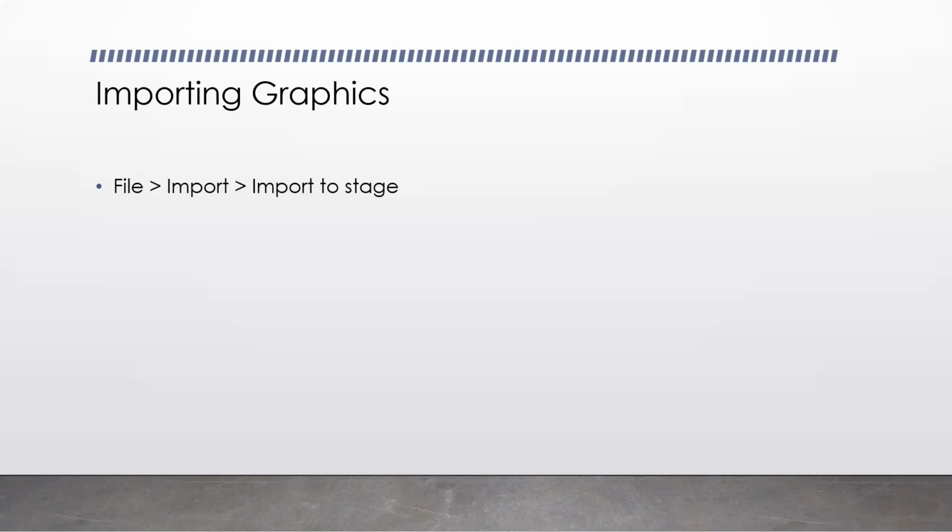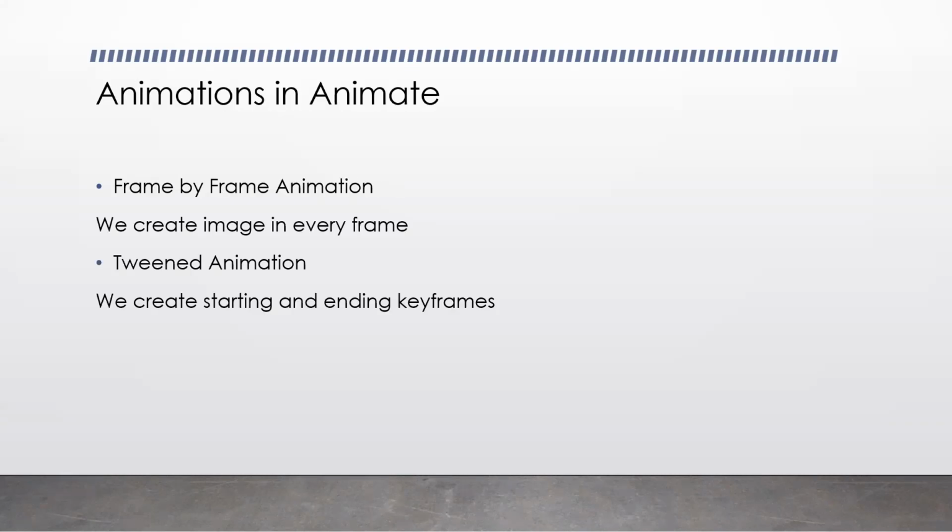Next, children, we are going to learn animations in Animate. I will tell you the two types of animations that can be created using this Animate CC software. First is frame by frame, and second is tweened. Again, this part is page number 47 in your book.